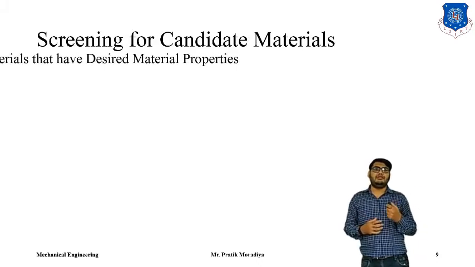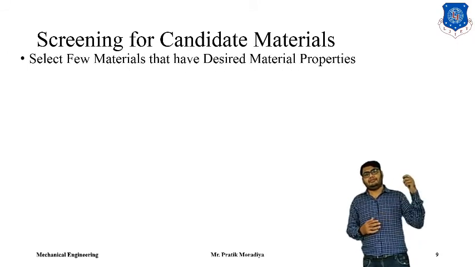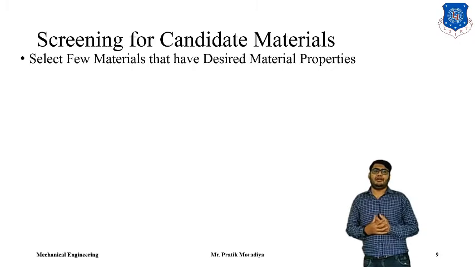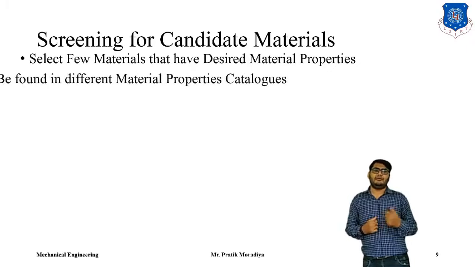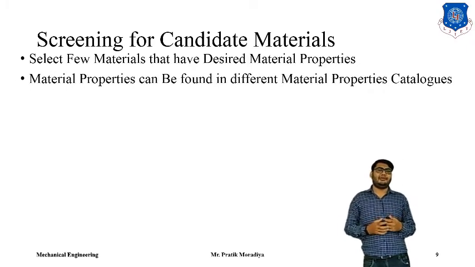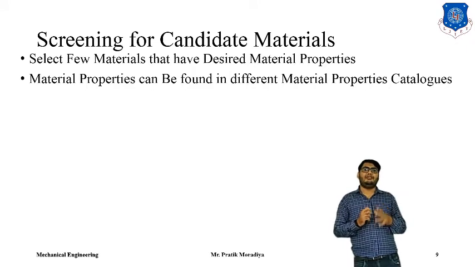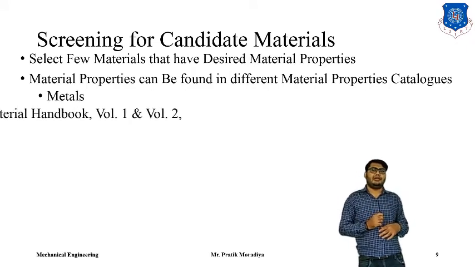Now, how to screen for these candidate materials? We have lots of material data with us, and we select a few materials which have desired mechanical or desired material properties in general. Material properties can be found in material property catalogs. There are many databases which have those material categories.